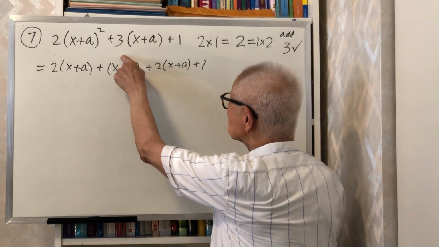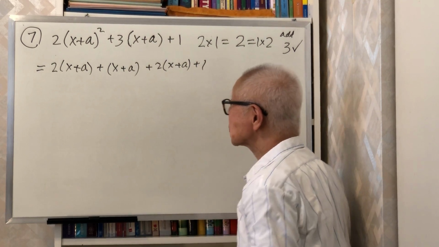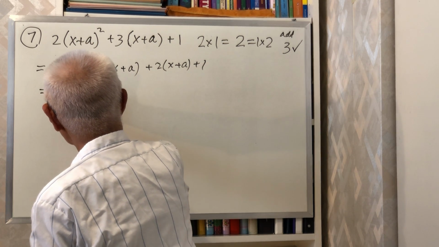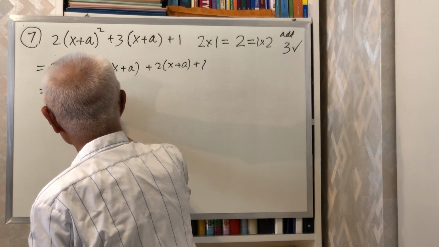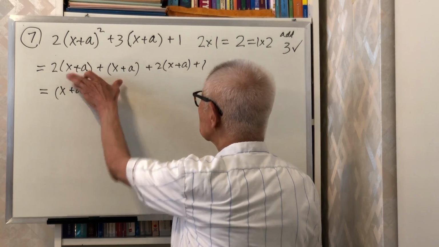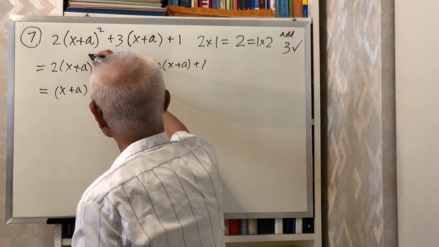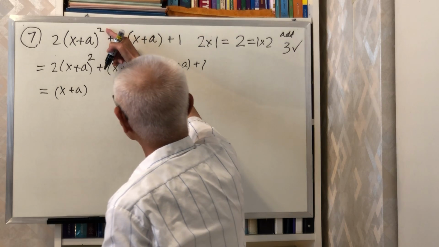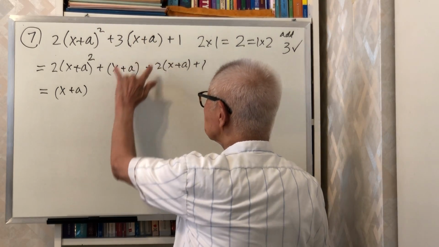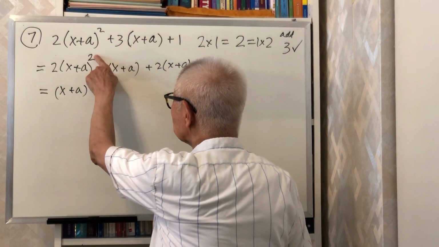I break this middle term into 2 terms. Then I can write x plus a for the first 2 terms. Oh, I forgot the square here. There is a square. I only break up the middle term. The first term still remains the same. So I have a square here.